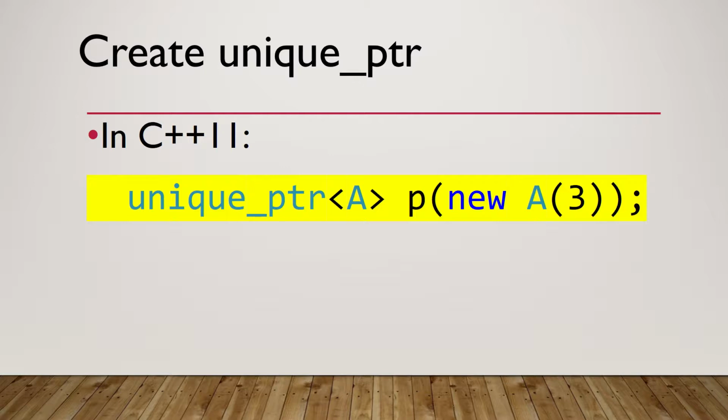To create one unique pointer for class A used in the previous tutorial, you can use this statement. Create unique pointer P of class A using the keyword new and class name A with parameter value of 3.